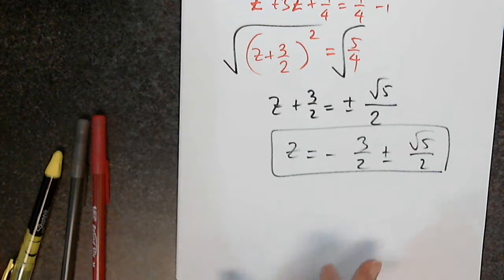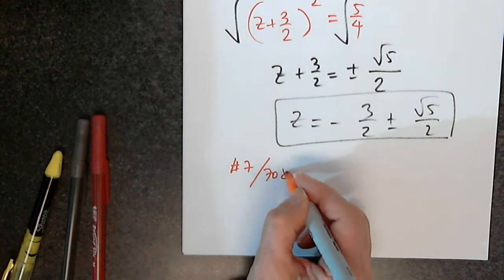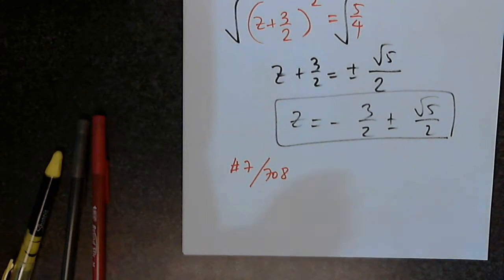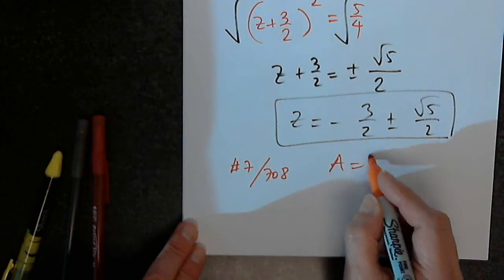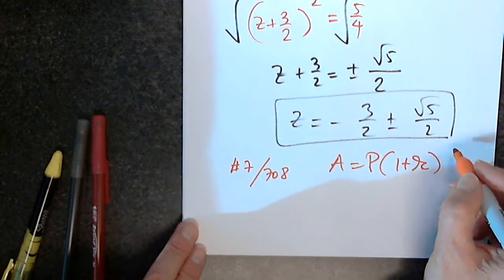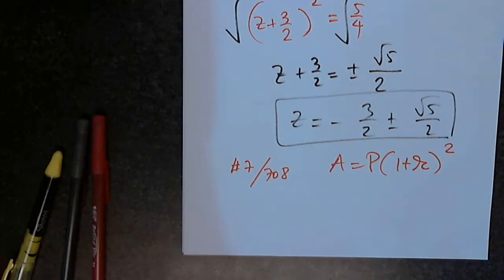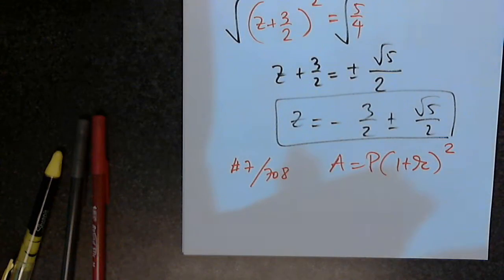Okay, we are given the following formula. And this is problem 7 on the same page, 708. Okay, we have A equals P, parentheses 1 plus R, squared. This formula is given to us, and we are told it gives the amount A in an account paying interest rate R compounded annually after 2 years.